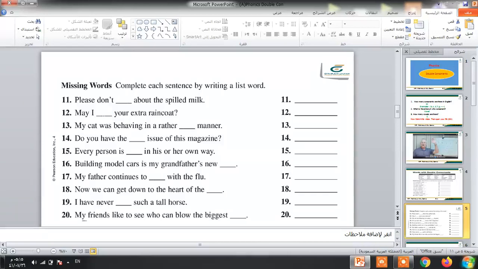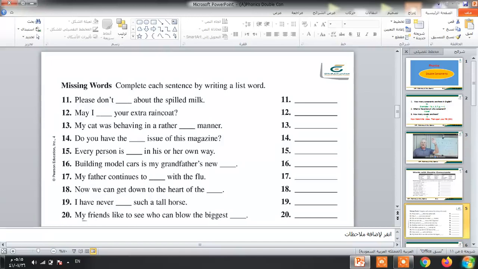Number 13. My cat was behaving. Behaving means moving, walking. My cat was behaving in a rather odd manner. Manner means way. Different, but here we are going to say odd manner.